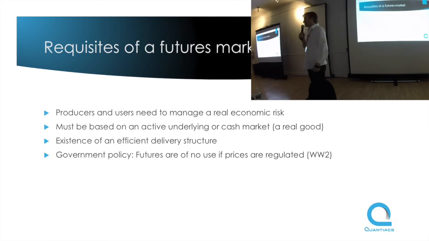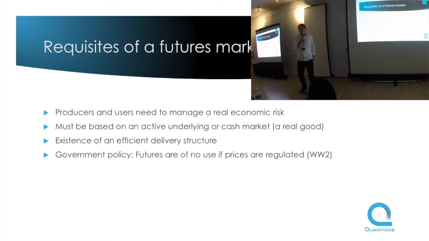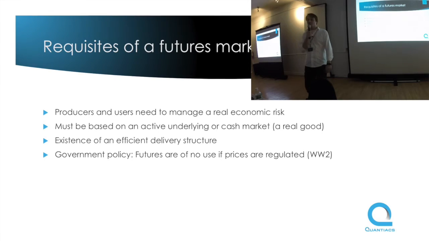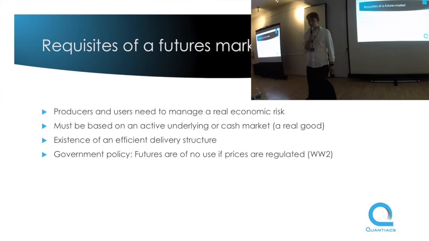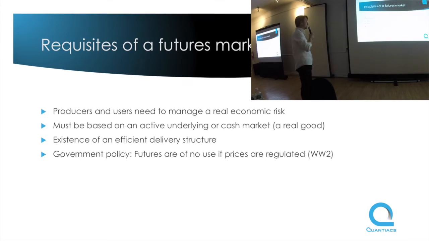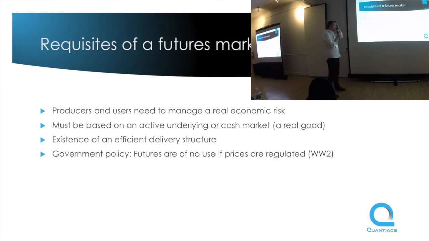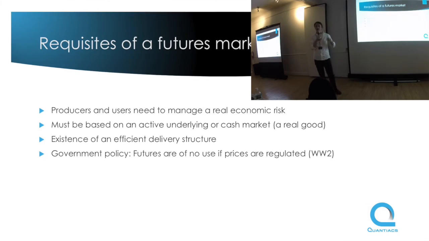Okay, which markets can become futures markets? There are certain requisites that a market has to fulfill before a future market on the underlying makes sense. First and foremost, producers and users need to manage a real economic risk.